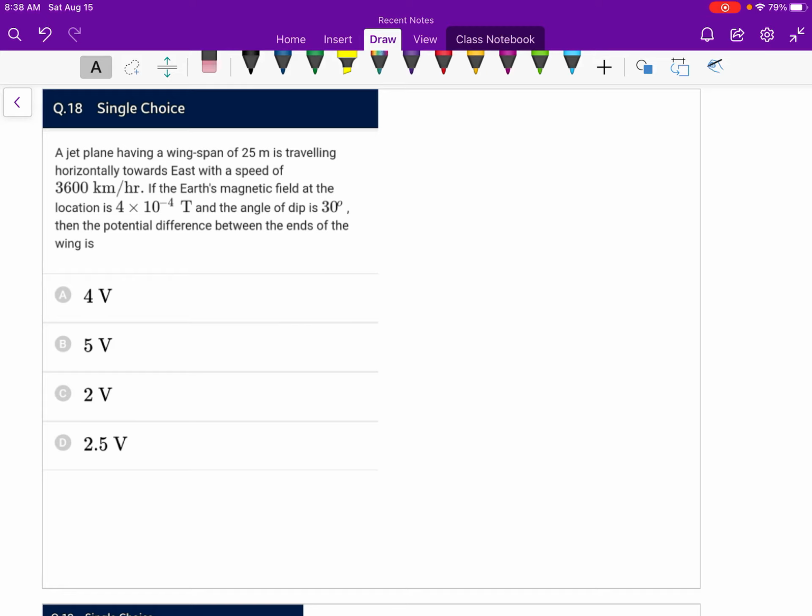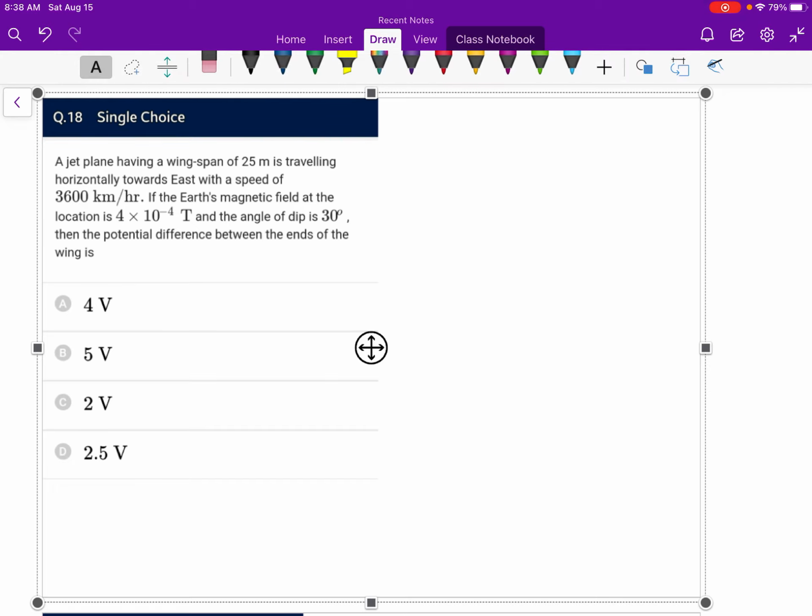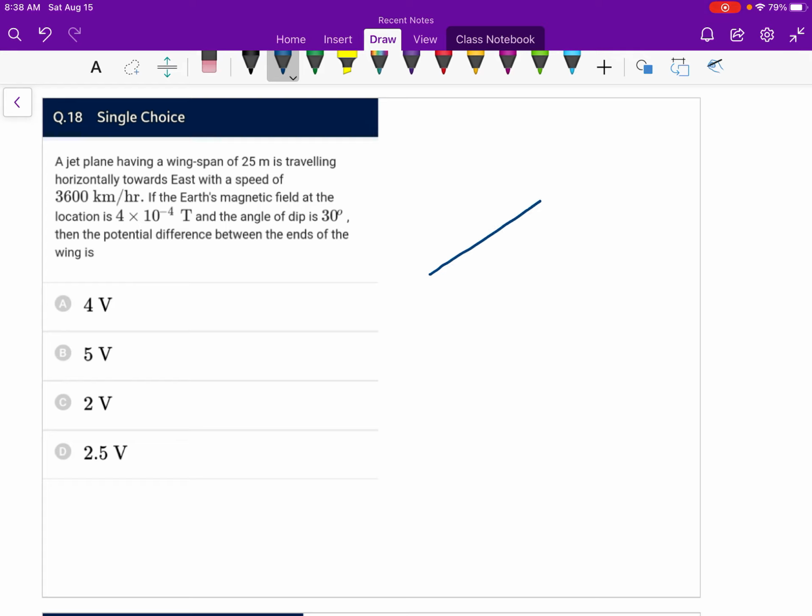A jet plane having a wingspan of this is traveling horizontally towards east. So wingspan is directed along north south, and this is velocity V in east.